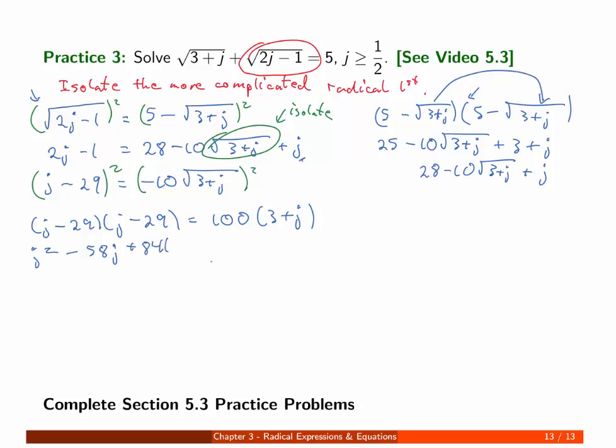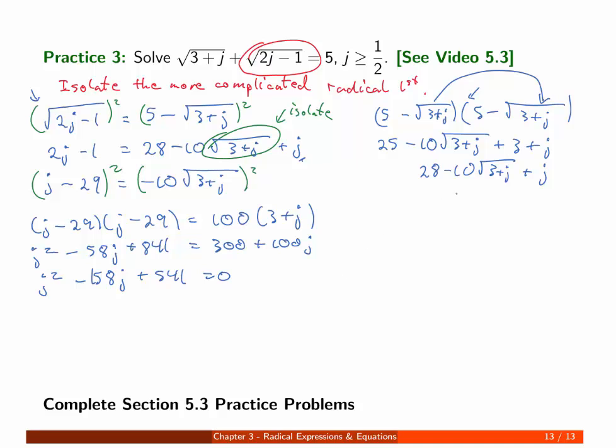It can't be even though. 841 equals 300 plus 100j. I'm going to collect everything to the left. So I'm going to have j squared, negative 58j minus 100j. Is it better? 841 minus 300, this would come out to be 541 equals 0.